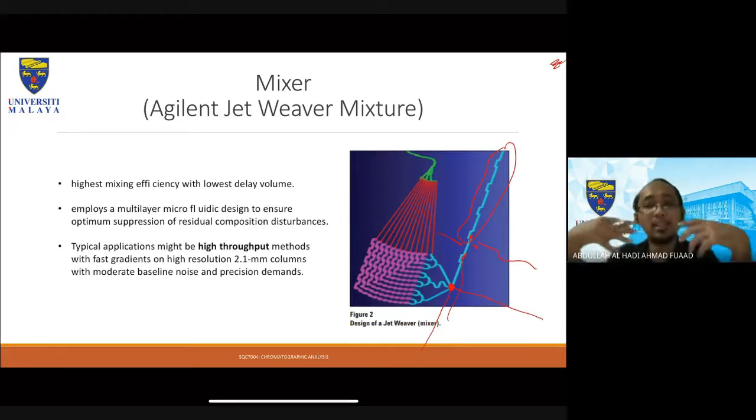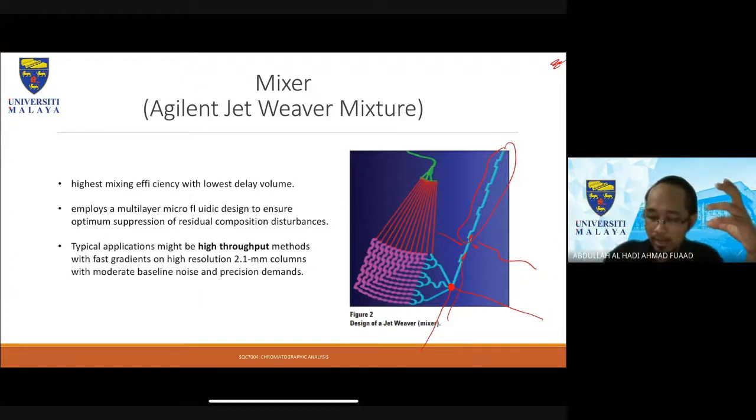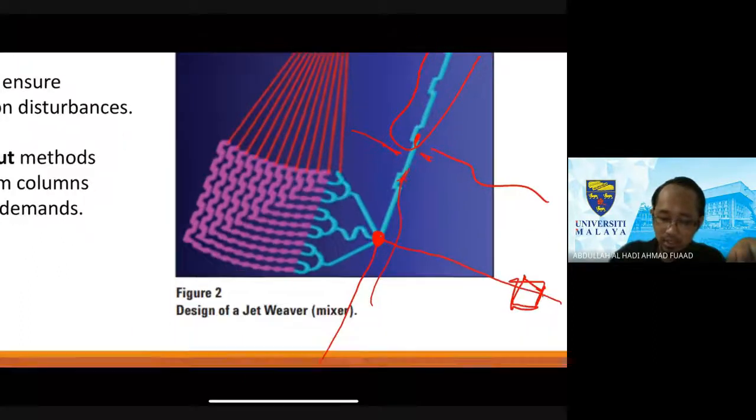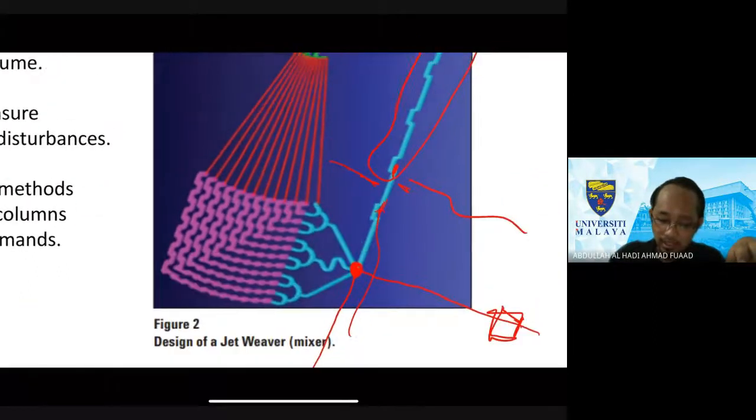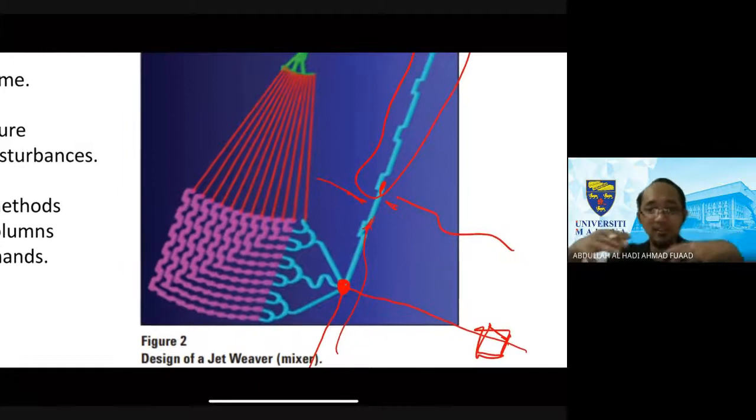And then instead of a solenoid valve that controls open and close, you might have a pump that controls whether to allow solvents to flow or not, but the mixing itself occurs in this manner. If you look at the image, every single stream is mixed and then further divided.